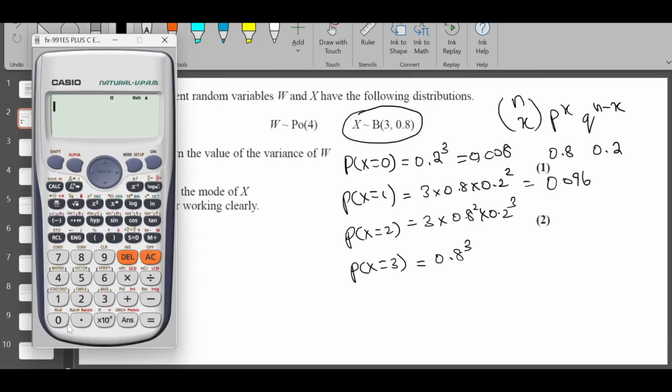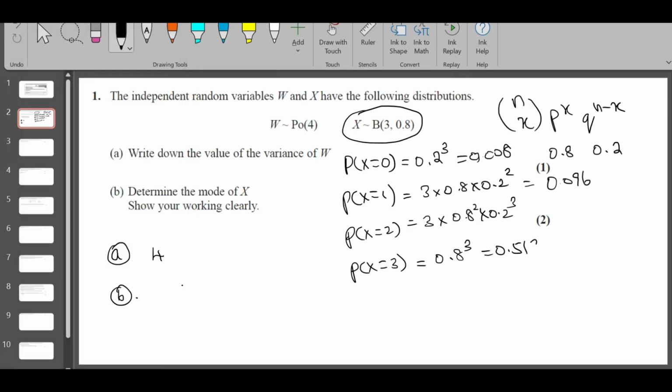And then when you find the last one, 0.512. Let's say you calculated this first, X is equal to 3. This is already more than half. If you add all these probabilities, you get 1 minus this, so you are going to get 0.488. So this is the highest probability, right?